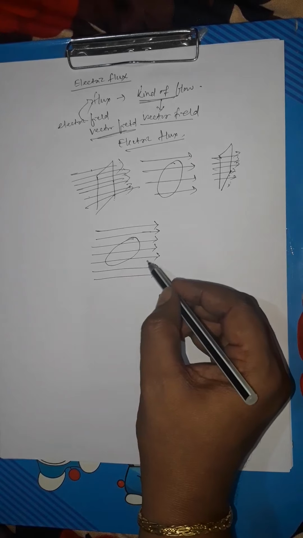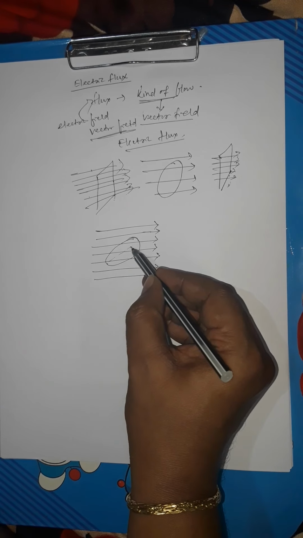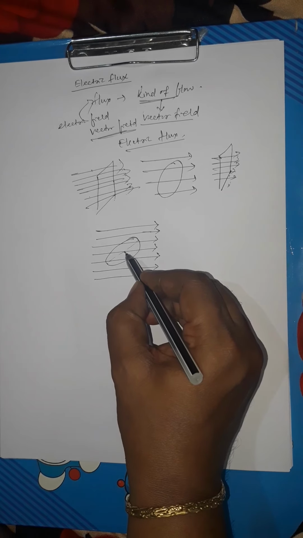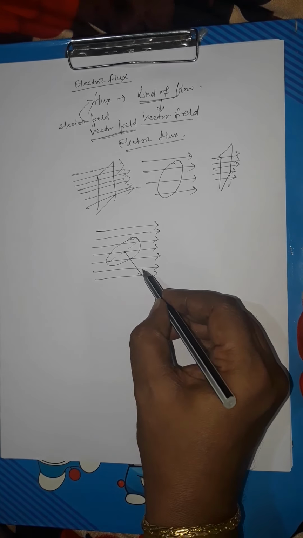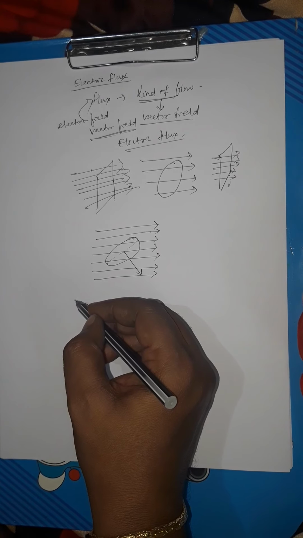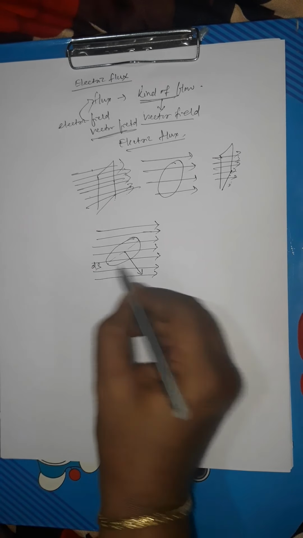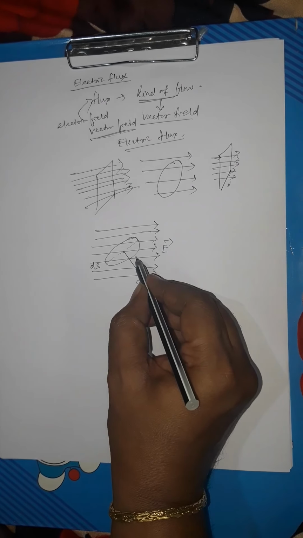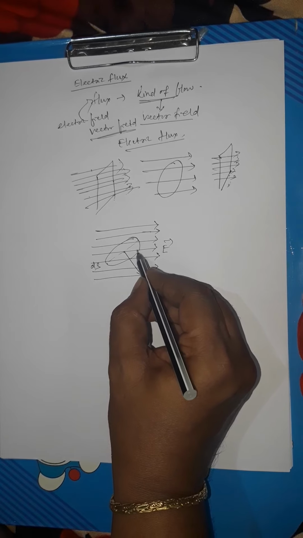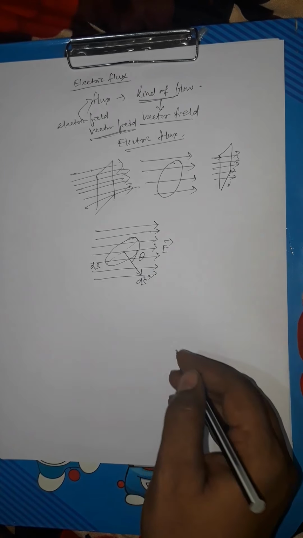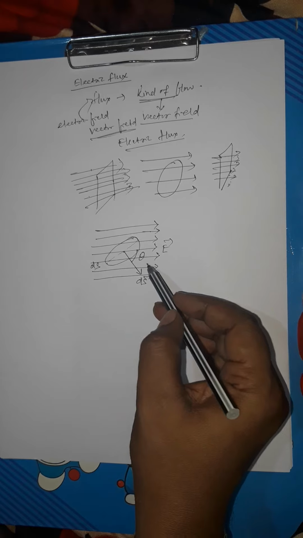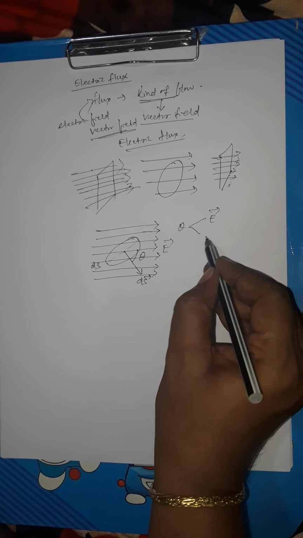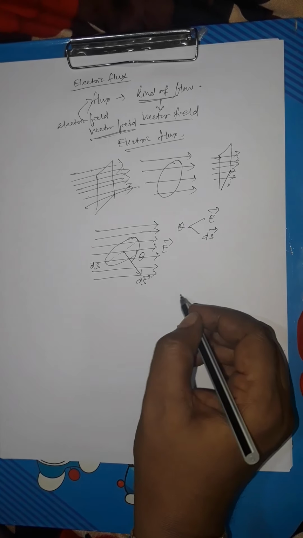Any area can be represented as a vector by the outward drawn normal. If this is your ds, then this is your ds vector, and this is your E vector. This is your theta. Theta is the angle between E vector and ds vector.